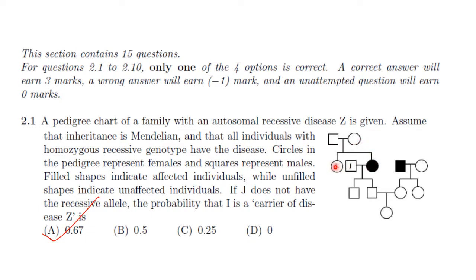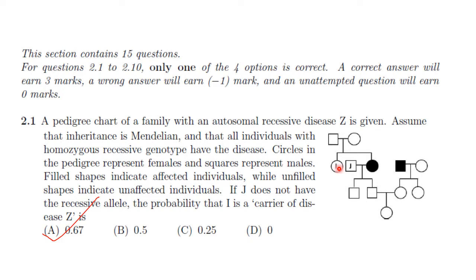Now what is the probability that I is a carrier of the disease? For the genotype to be carrier, she should be heterozygous, capital Z, small z. So she should have received the capital Z allele from either of the parents and a small z allele from the other parent.